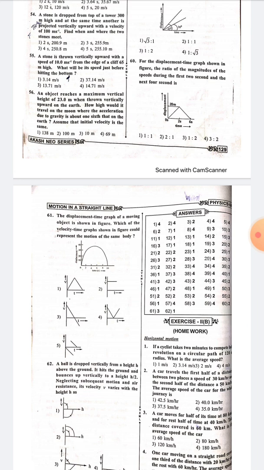Because the stone projected vertically downward travels in the direction of force, but we are discussing the stone projected vertically upwards, so we put minus g. Substituting, 300 equals 100t minus 4.9t square.